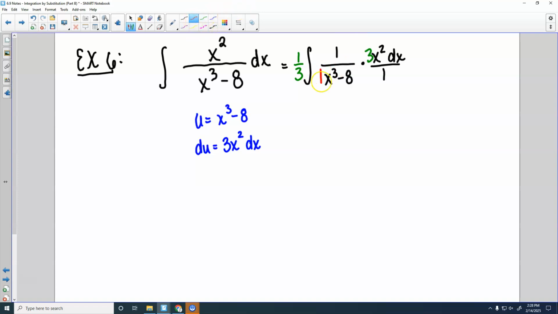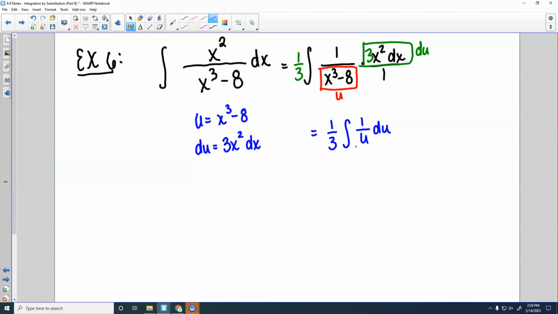And so this stuff right here would be my u, and this stuff right here is the du. That 1 that I had there was just to show you guys it's in the top of the fraction. It's not really part of anything, or you can include it. It's just dividing by 1. It doesn't change anything. So we will get 1/3 integral of 1 over u du.